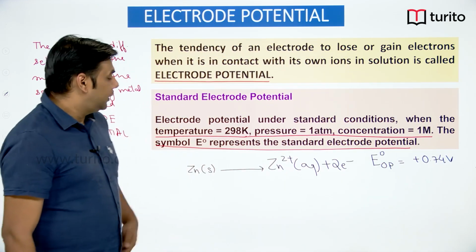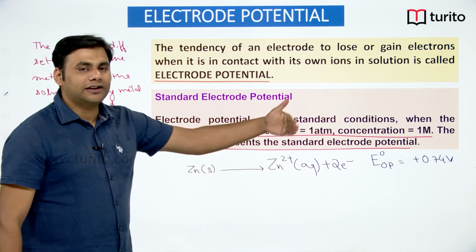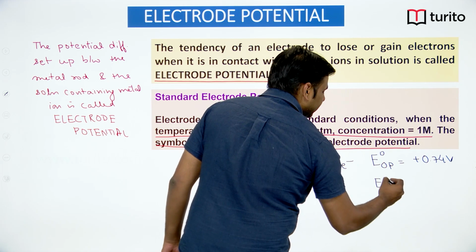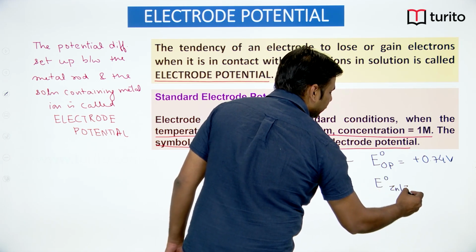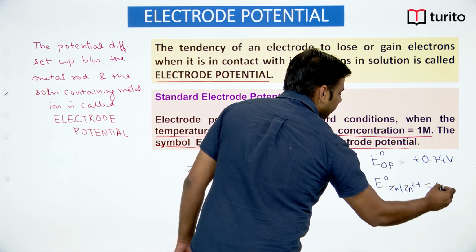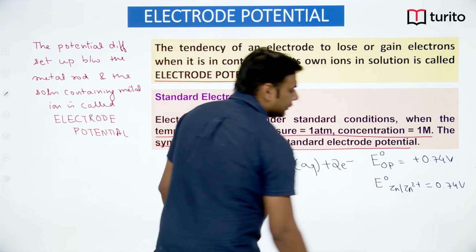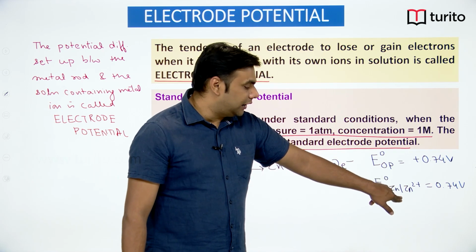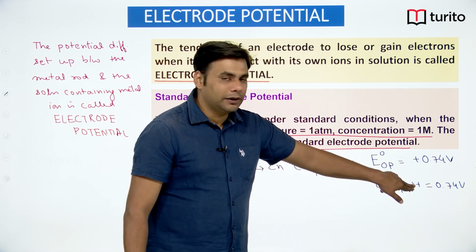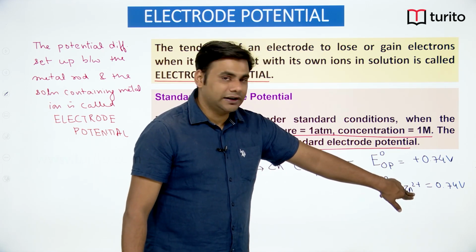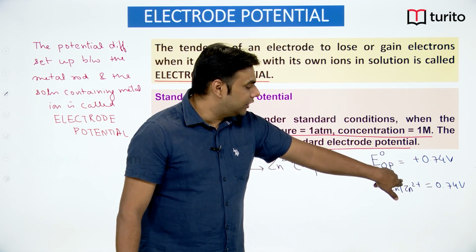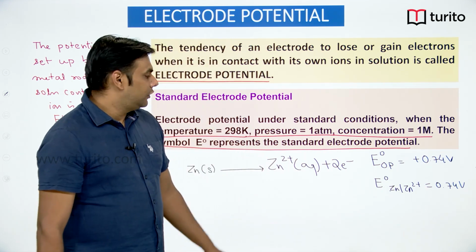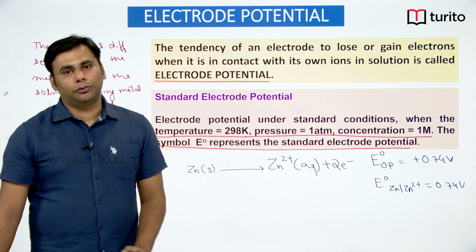So the oxidation potential of zinc is 0.74, or we can also write zinc getting converted into zinc 2 plus, so this is equal to 0.74. This is basically showing the oxidation, zinc changing into zinc 2 plus. We have separated with a bar because the phase of both of them is different. One is solid and one is in the aqueous solution. So that's why we are showing a bar over here, which indicates that both of them are in different phases. So this is how we write the oxidation potential.